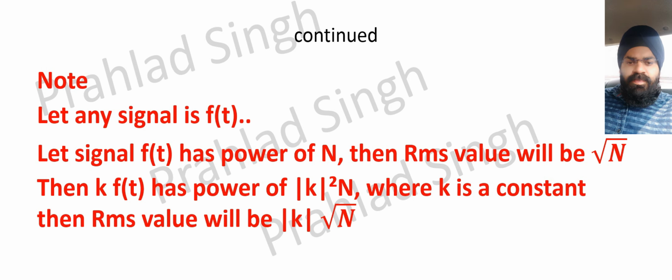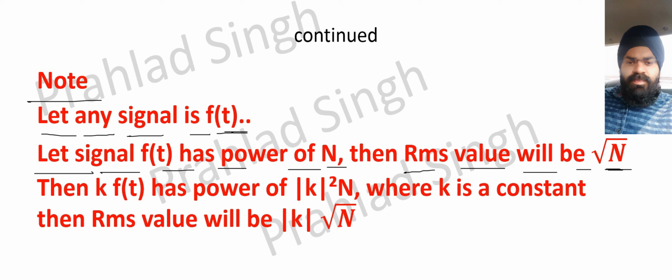Based on the previous discussion, study this note: let any signal f(t) have power n, then the RMS value will be root n. If k f(t), where k is a constant, has a power, it is mod of k squared times n.